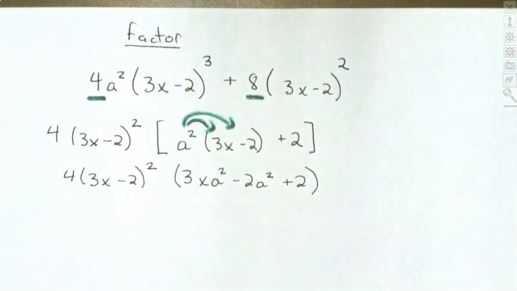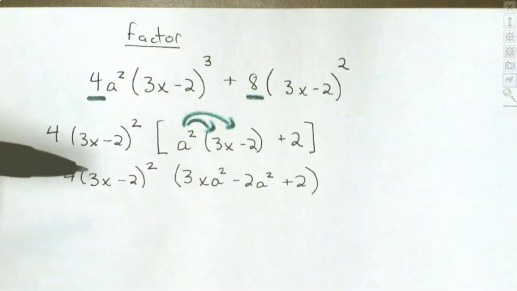We took out that 4, because of the 4 and the 8, so we took that 4 out. They had a 3x minus 2 quantity squared in common, so that came out with that 4. Then we took the 4 and the 8. 4 divided by 4 was 1, so that's gone. That left you with the a squared.